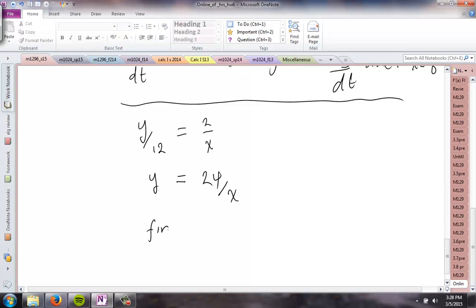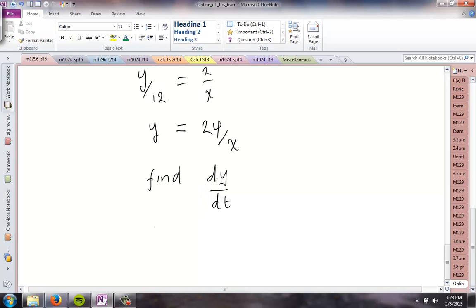So the next thing to do is find dy/dt. Okay, and to do that we're going to differentiate implicitly. So dy/dt is equal to, to differentiate this, I'm going to use the quotient rule.